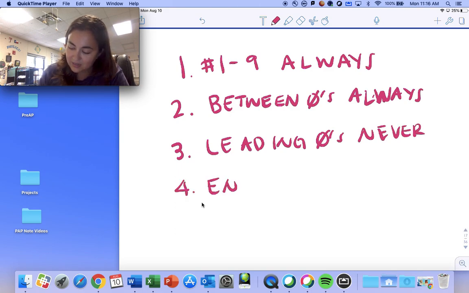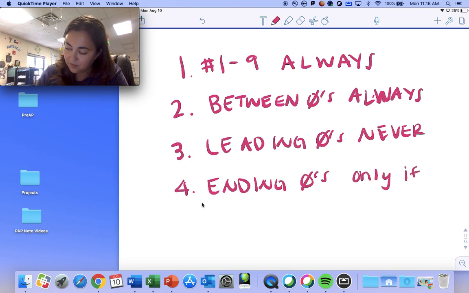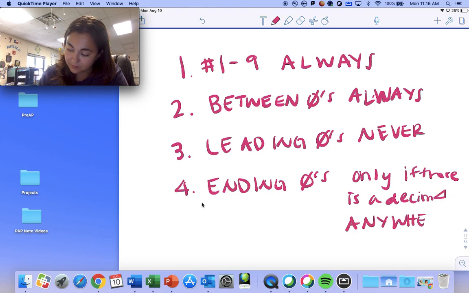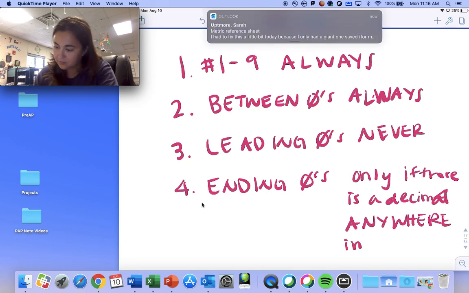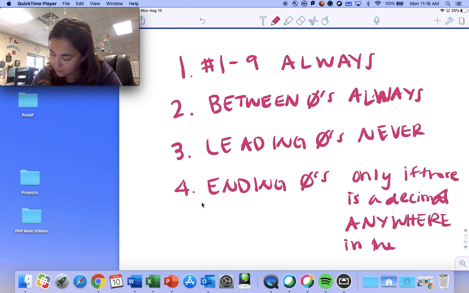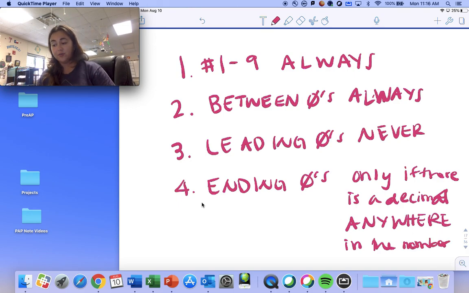And then ending zeros are only significant if there is a decimal. And that could be anywhere in the number. But you get the idea. This is a shorthand version of all those rules.